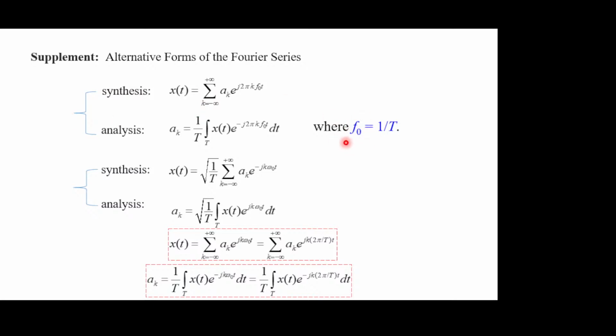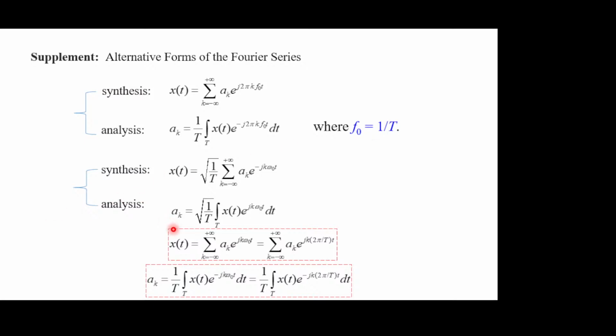So this is a different unit of frequency: f equals 1/T. So you are counting a frequency instead of radians per second, in terms of how many rounds per second, how many circles per second. So sometimes people will write the Fourier series in terms of the frequency.